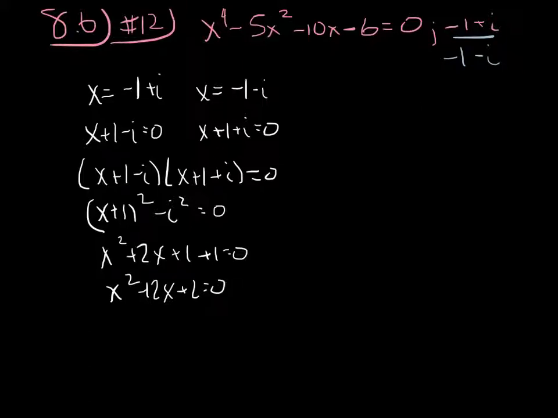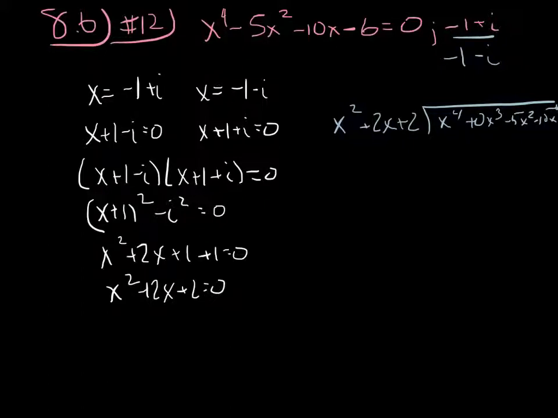So the reason of doing that is now I'm going to take that and long divide that out of x to the fourth plus 0x cubed minus 5x squared minus 10x minus 6.